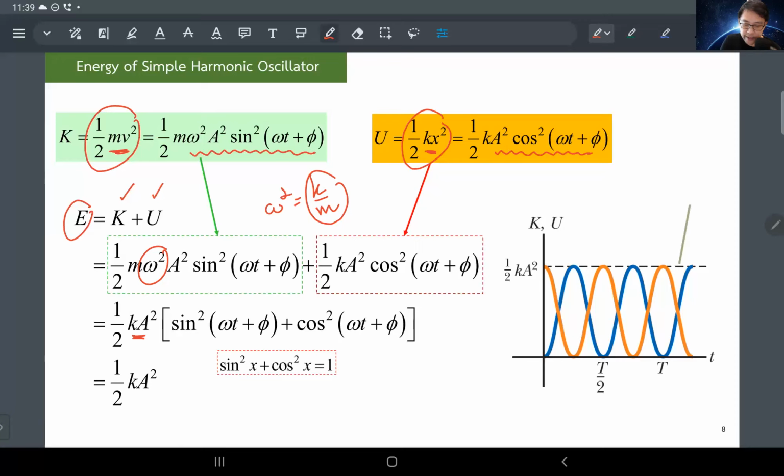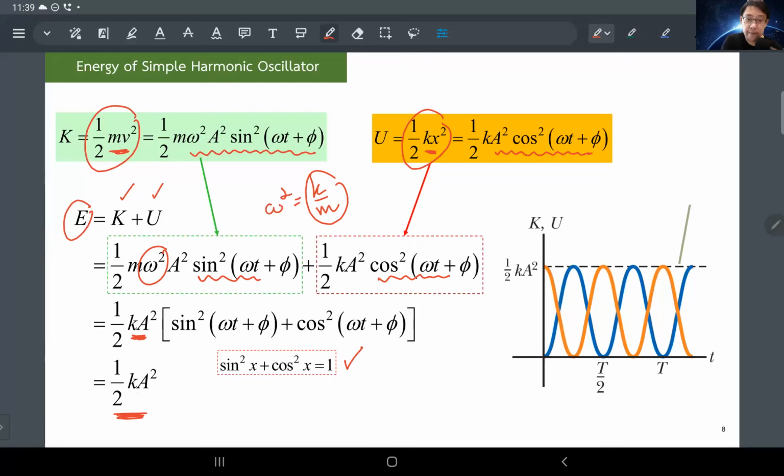So you have a common factor of kA squared. And what you have left here is sine squared plus cosine squared, and it's just 1. That's from the trigonometric identity. So at the end, whenever you calculate the net energy of the system, it is always 1/2 kA squared.